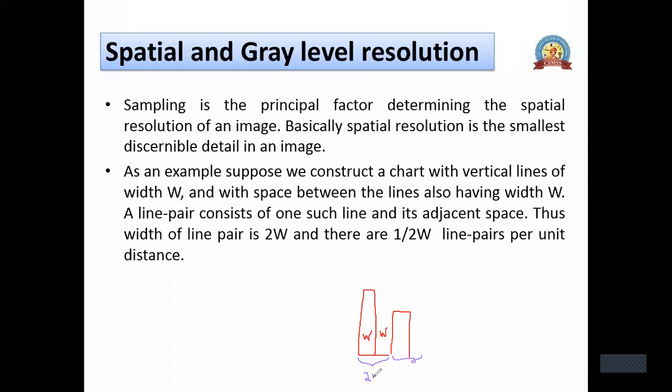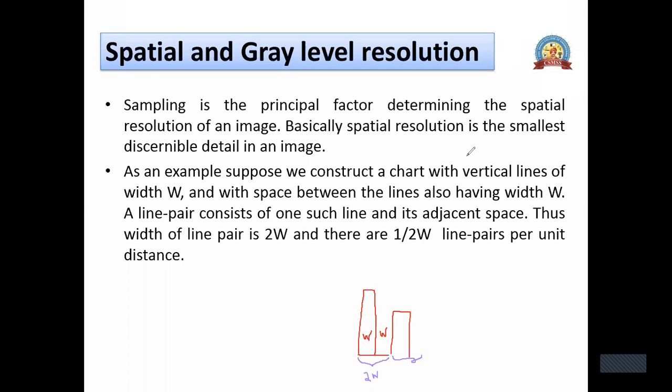Or we can say that for every unit space there are 1 by 2w line pairs. In this terminology, spatial resolution is calculated.